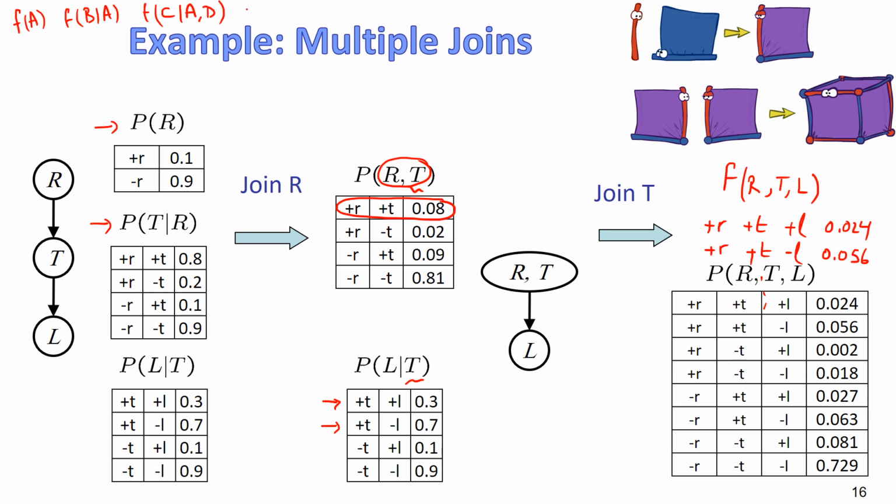Okay, so I want to join all of them on A, because A is common here, right? So we have 3 factors, all of them involve A. I want to join them. What will I get out of this, and then how will I do the join?